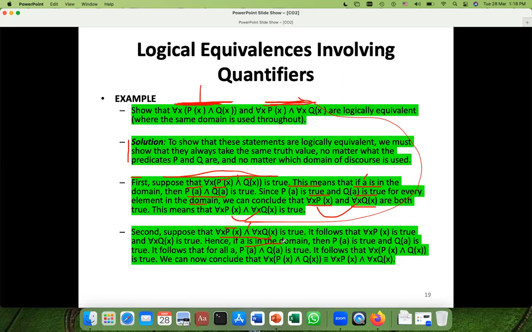And when you use it for any value, then you can finally say that this portion and this portion would be true for all x, which is the right hand side. And then finally, you can simply say that this one statement is equal to the second statement, logically equal.